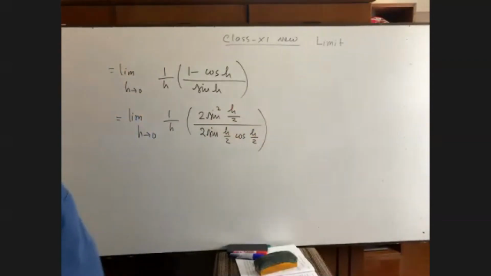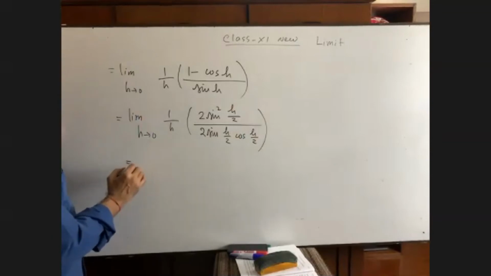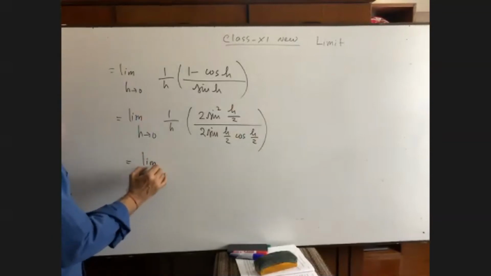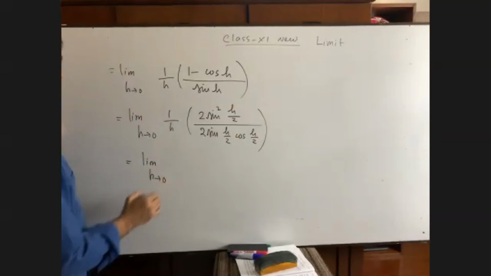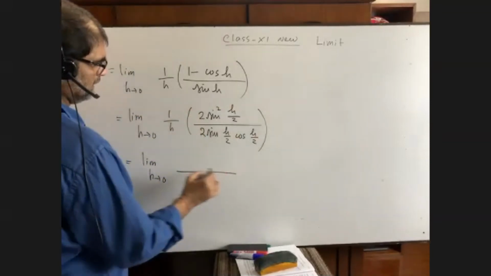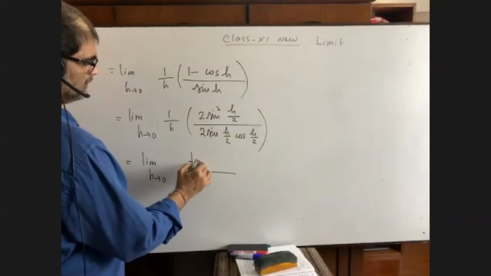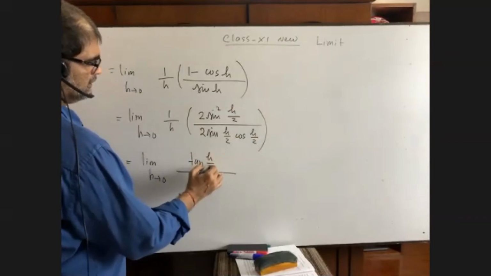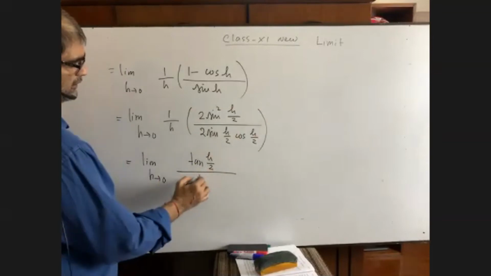Please talk to me. You know that our math is done. Limit: the 2 will be omitted, so we'll be left with... am I right?